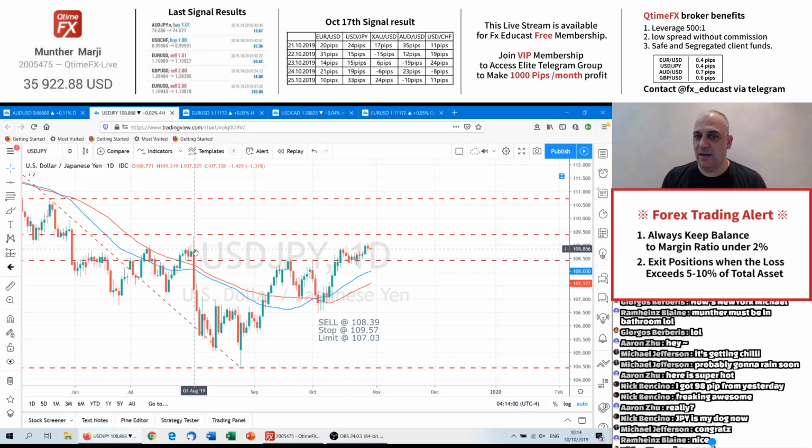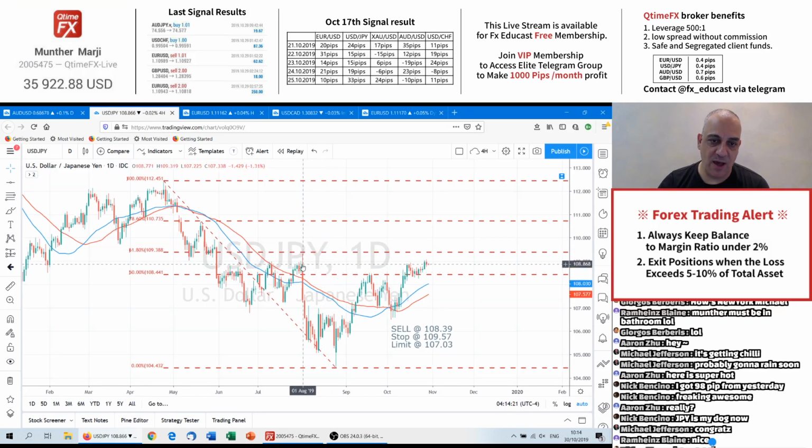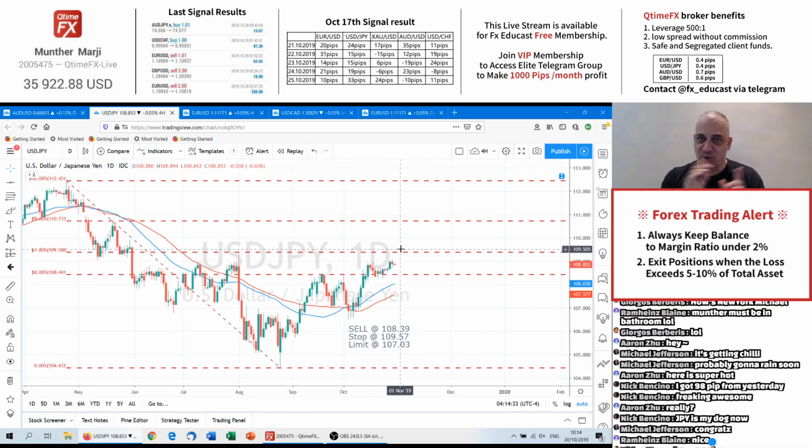So if we break above this level with 20 pips, let's say, and that of course leaves us at the stop here, if we reach 109.75, that could be a good place to buy, because after breaking such an important retracement and previous high from which the price dropped this sharp, I really believe that is a strong sign of strength.